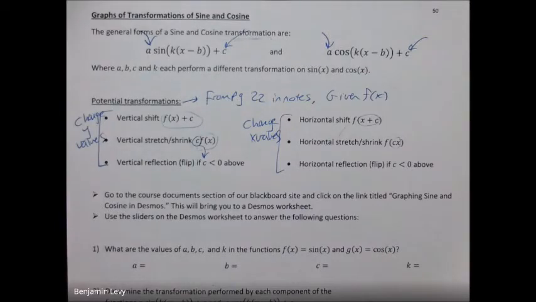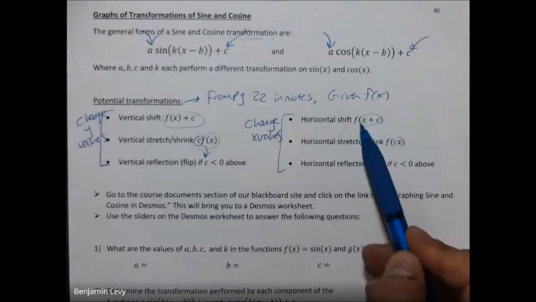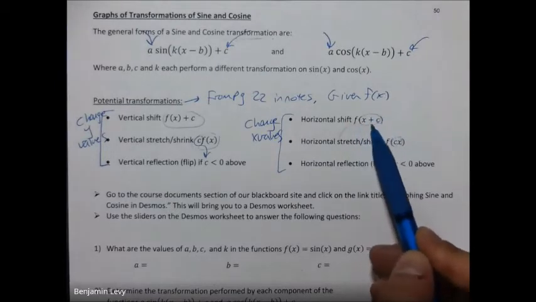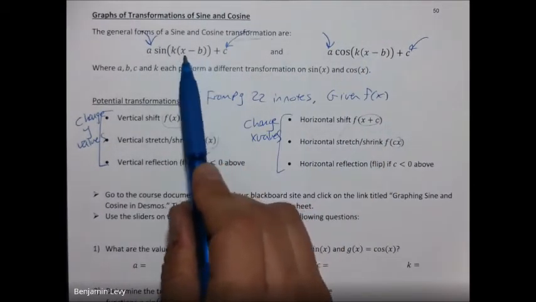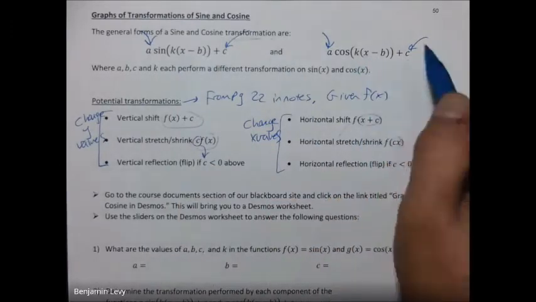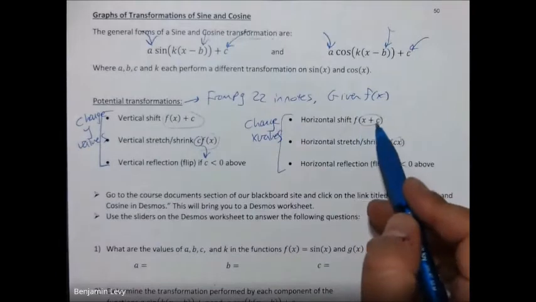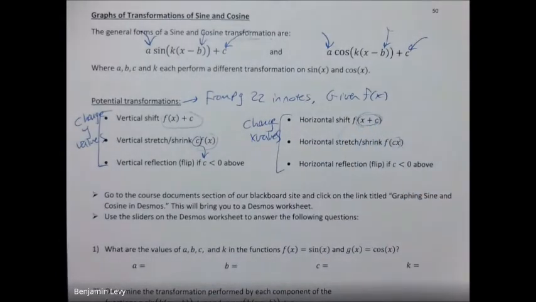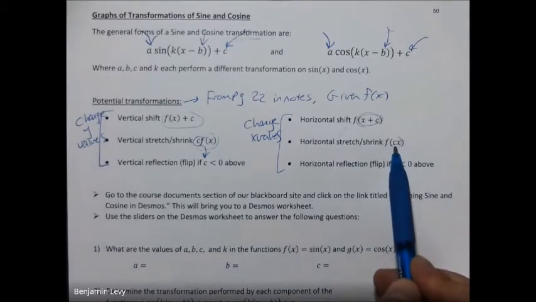The horizontal transformations are the ones that are messing around with the x values, right? If we add or subtract a number from the x value, that looks like b potentially, right? B is the one being subtracted from the x. So this b right here is a transformation that corresponds to horizontal shifting. Horizontal stretching or shrinking is multiplying the x value by a number.